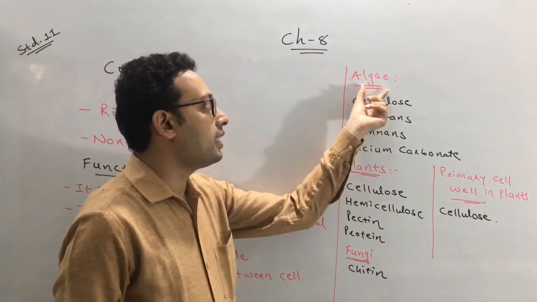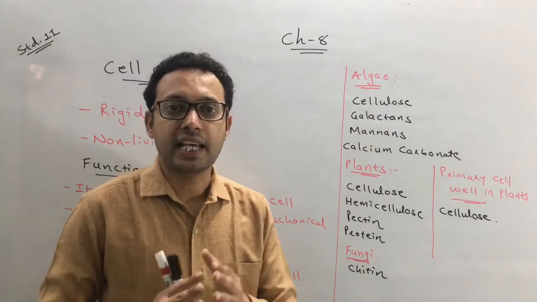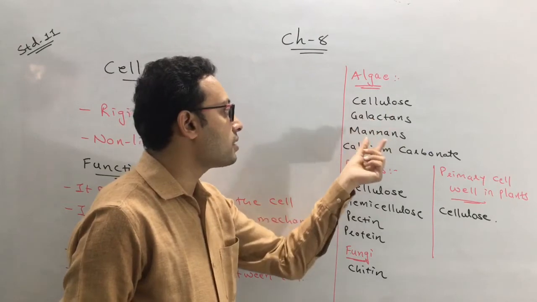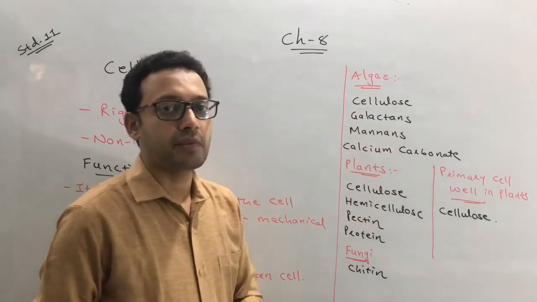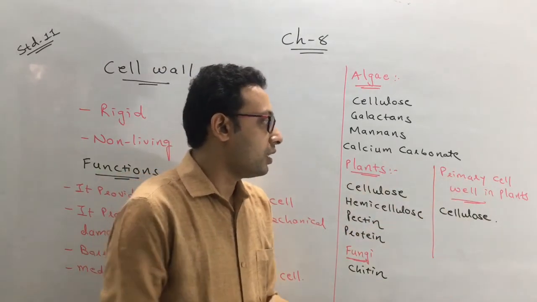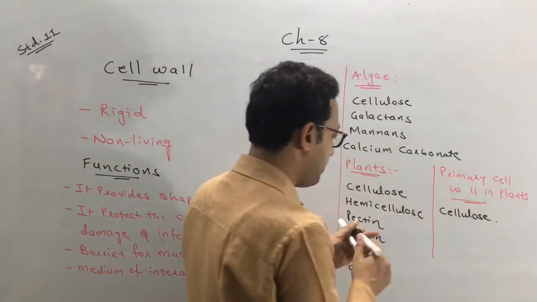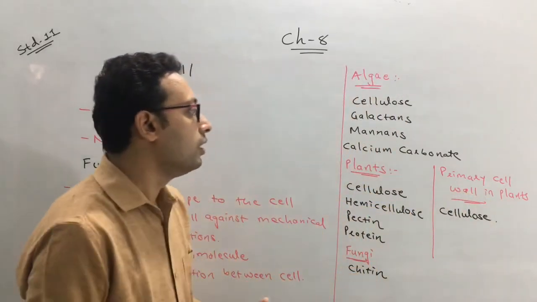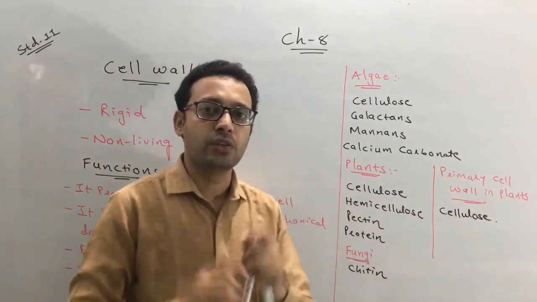I repeat, the cell wall in algae is made up of cellulose, galactans, mannans and calcium carbonate. The primary cell wall in plants is just made up of cellulose.